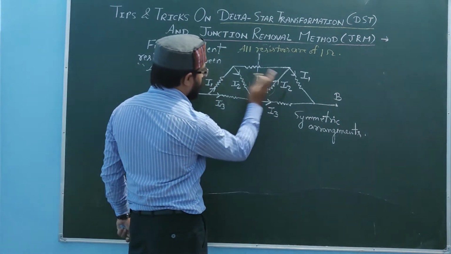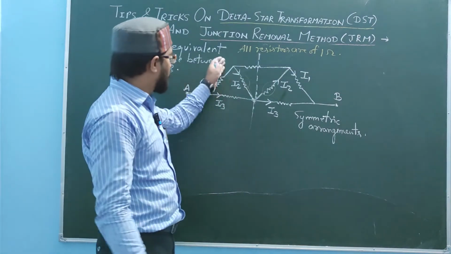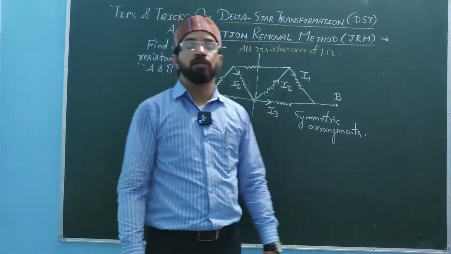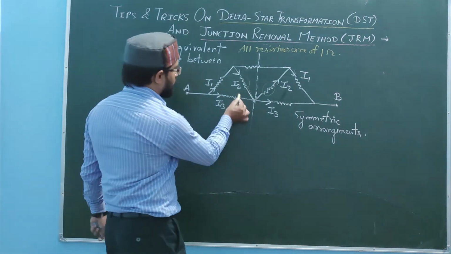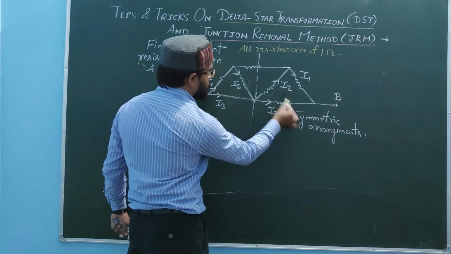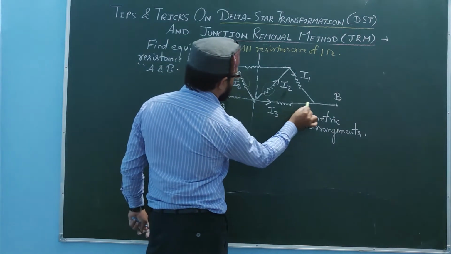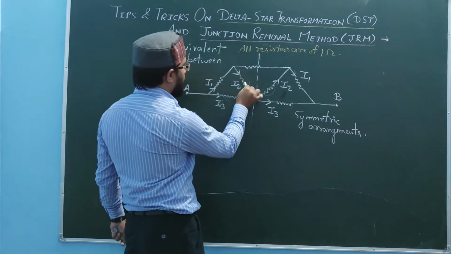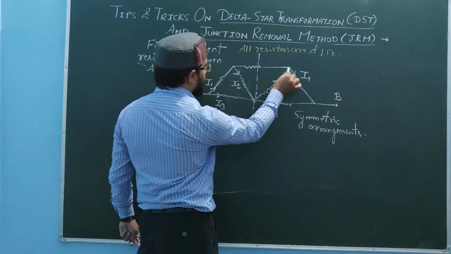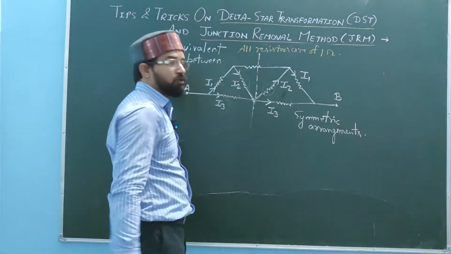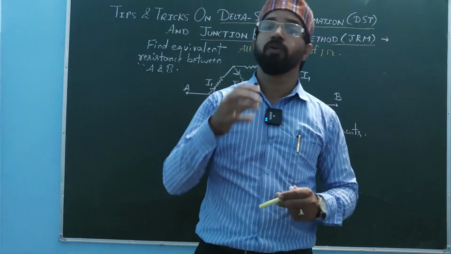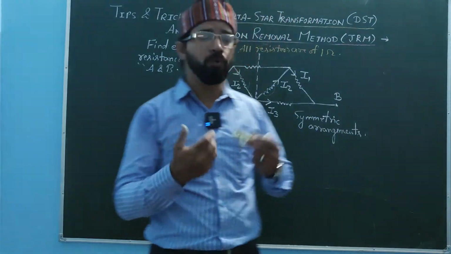No partition of I3 moves this side or that side, and no partition of I2 moves anywhere. So this resistor and this resistor are also in series combination. The current moves straight like this, the I2 current moves like this. This junction is just a figure-kind of junction we have drawn, but there is no use for it.